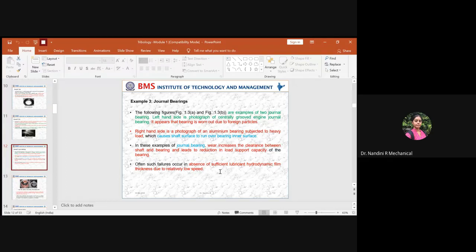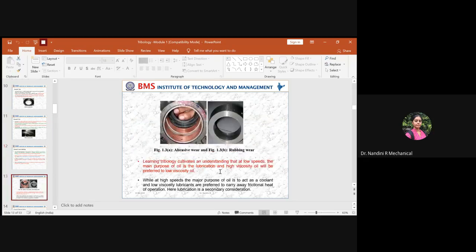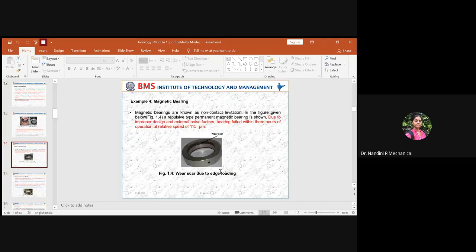If you don't have the proper clearance, that amount of clearance will not be able to fit this lubricant film. If that clearance is provided, the lubricant you apply will help in creating that hydrodynamic film so that the rubbing wear will not come into picture. So this is where again our tribological aspect comes into picture. Learning tribology will help in solving all these kinds of problems.